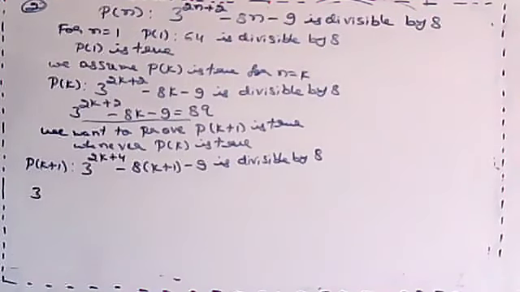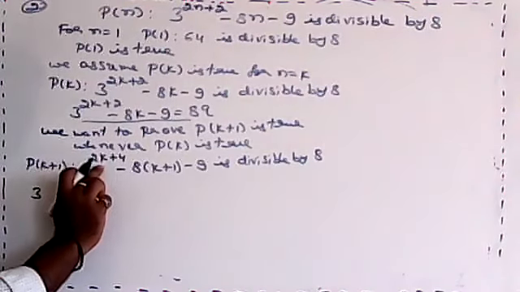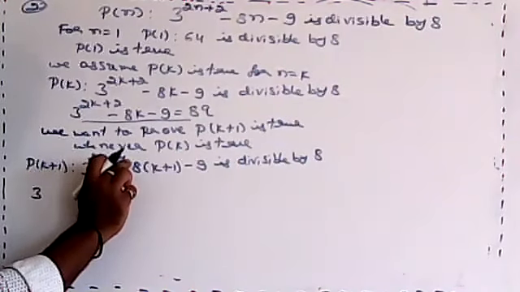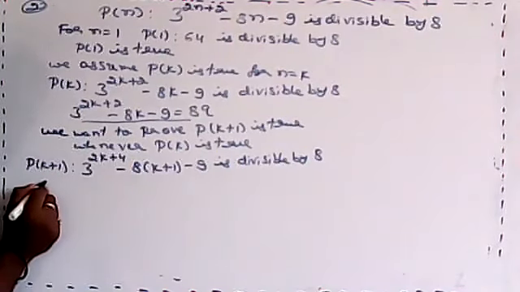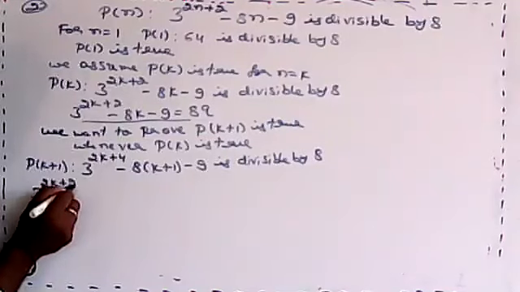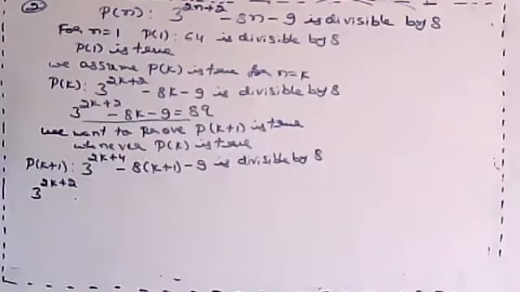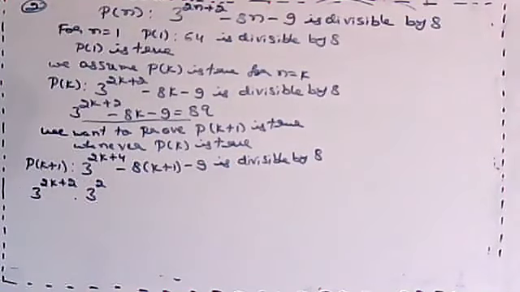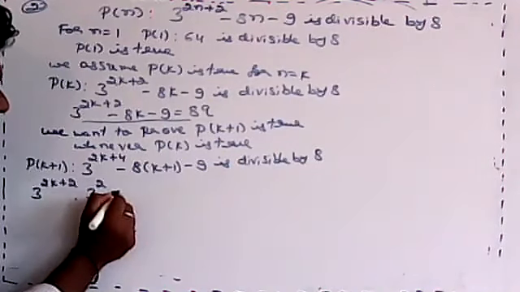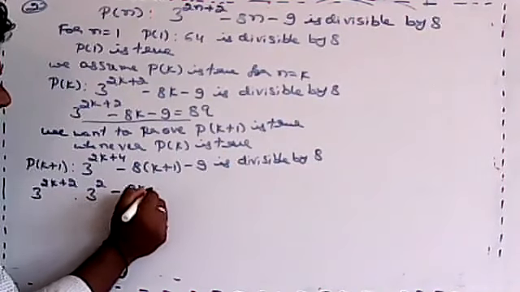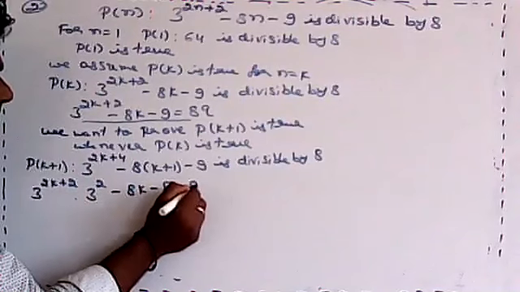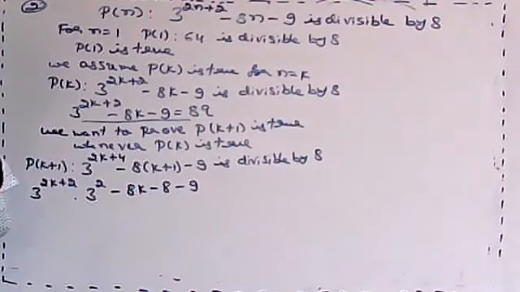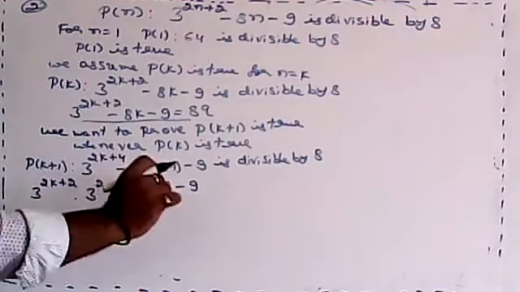Okay. So here, if I write 3 to the power of 2k plus 4 as 3 to the power of 2k plus 2 into 3 square, and I'm writing the rest as it is, minus 8k minus 8 minus 9. Correct or not?